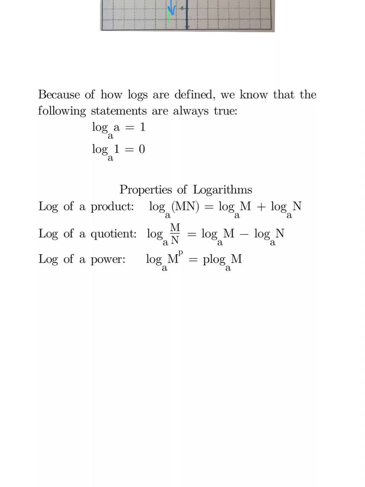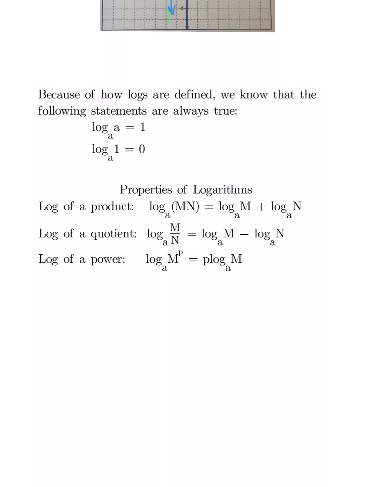We have properties of logarithms that are true for any logarithm. It does not matter what base of logarithm it is. The first is the log of a product. If you are doing a logarithm and your argument contains a product, two items multiplied together, you can split that into the same logarithm you had originally, separated into the log of the first item plus the log of the second item.